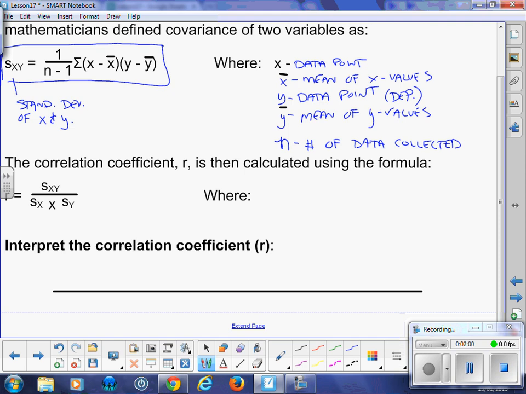The correlation coefficient, or R, that is your variable for the correlation coefficient, is calculated using the following formula.